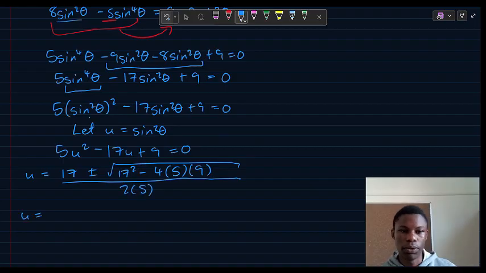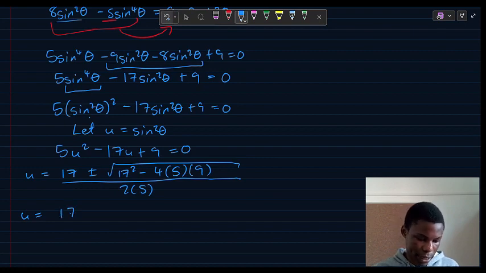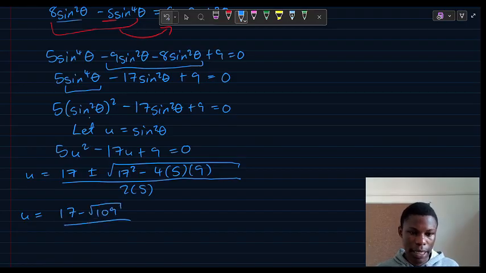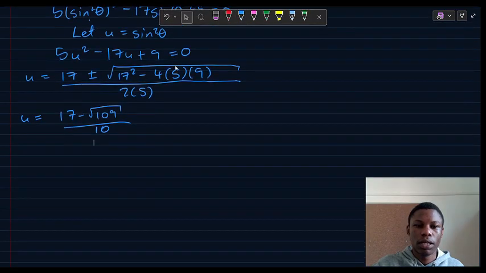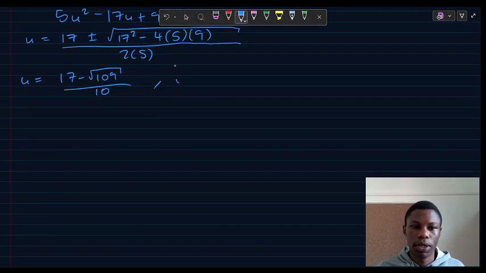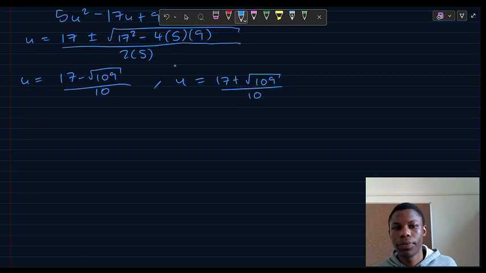So u is equal to, starting with the negative one, 17 minus root 17 squared minus 4 times 5 times 9, all over 2 times 5, which is 17 minus root 109 over 10, and the positive one should just be 17 plus root 109 over 10.